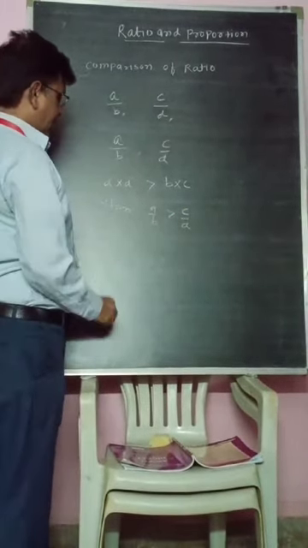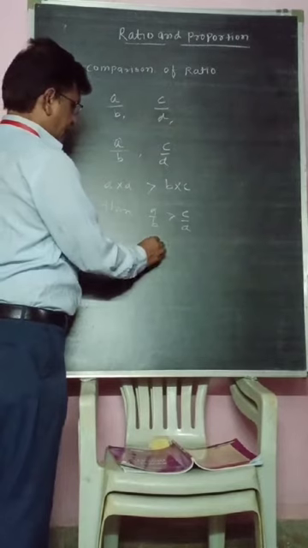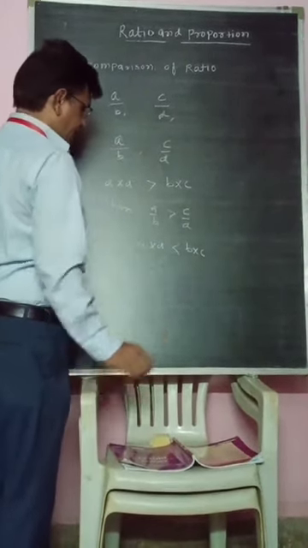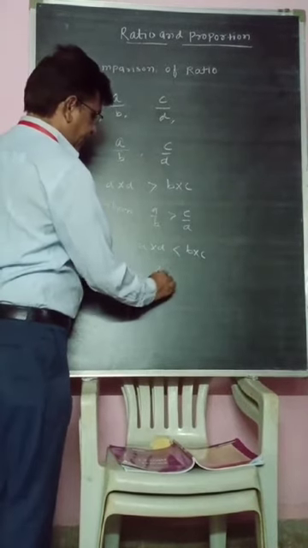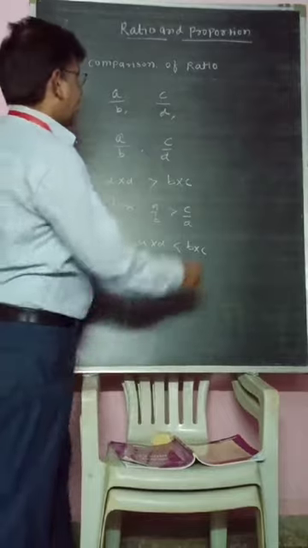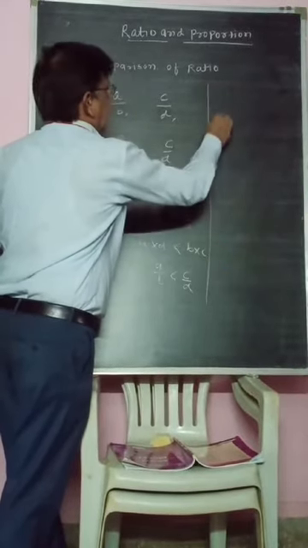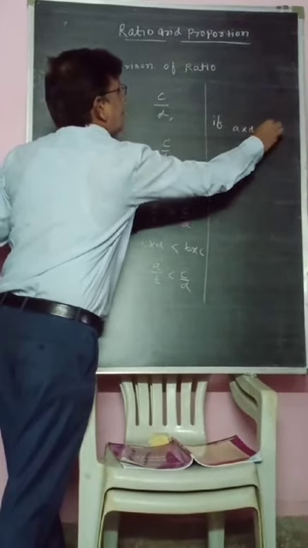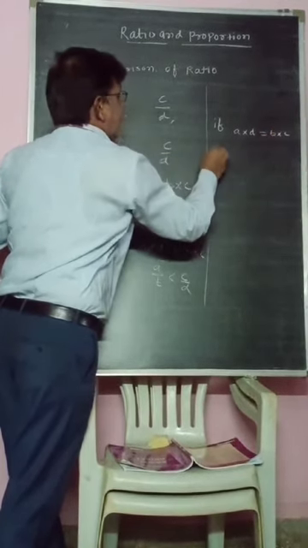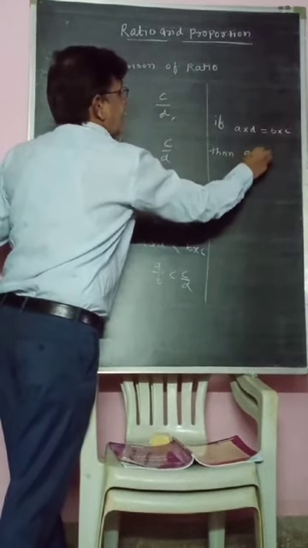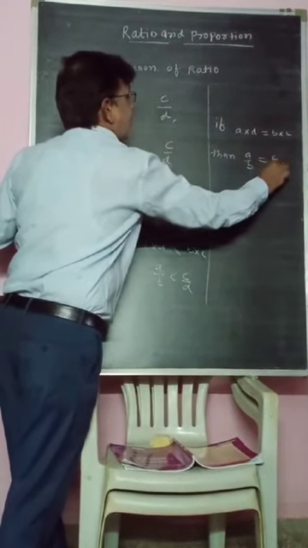And if a into d is smaller than b into c, then a by b is smaller than c by d. And if a into d is equal to b into c, then you can say that a by b is equal to c by d.